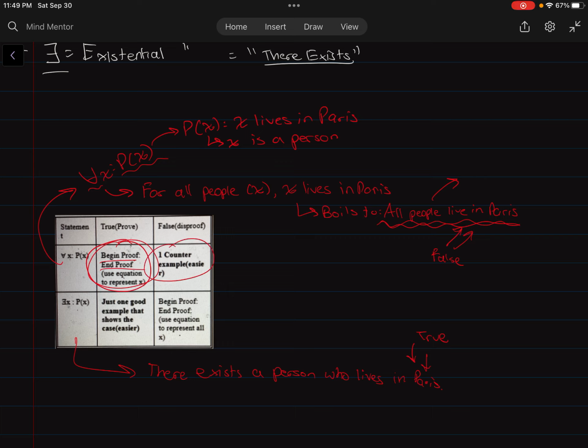Now, how do we prove it false? Well, it's very easy. We just need one counterexample. And if you don't know, a counterexample is basically a very strong example that alone falsifies an entire statement.